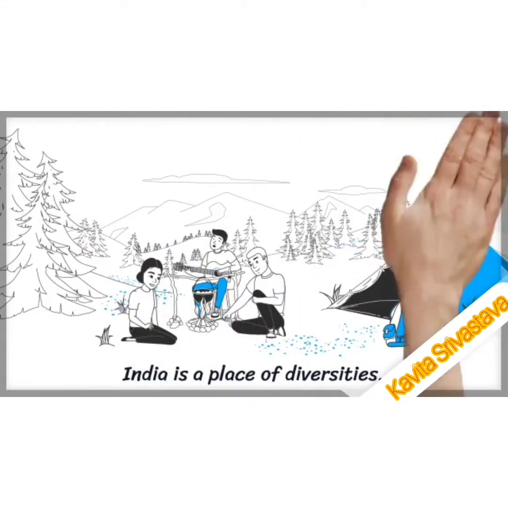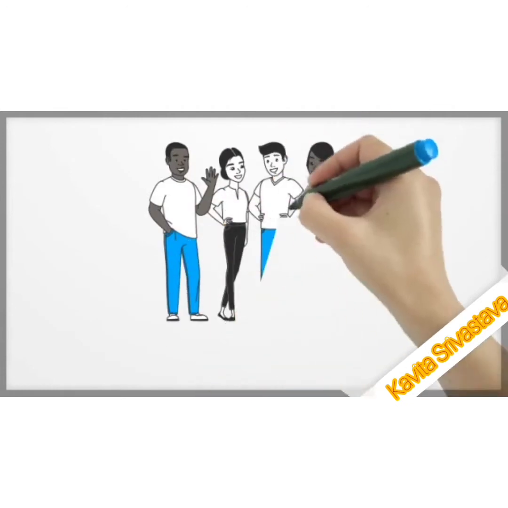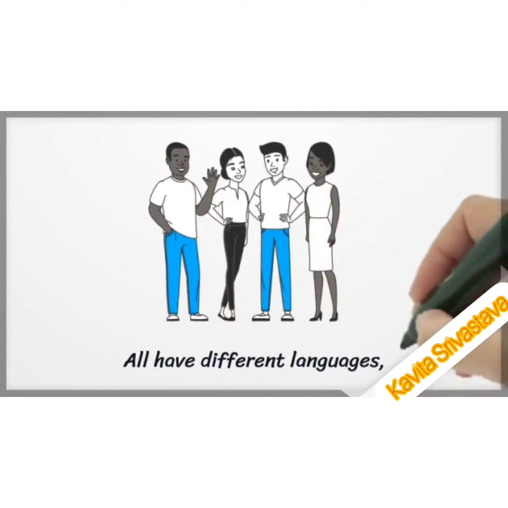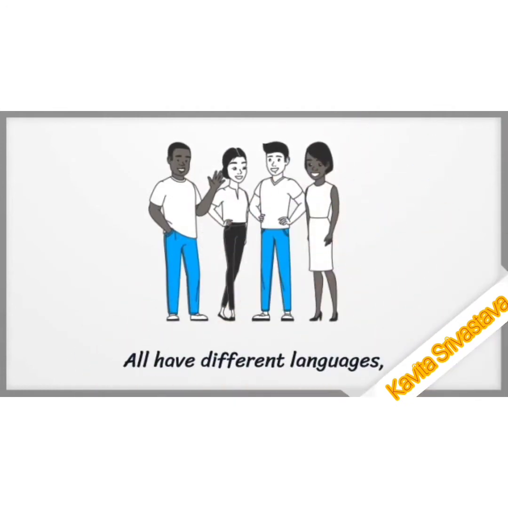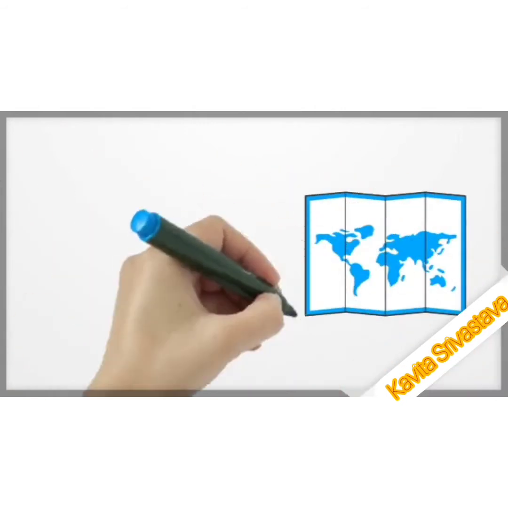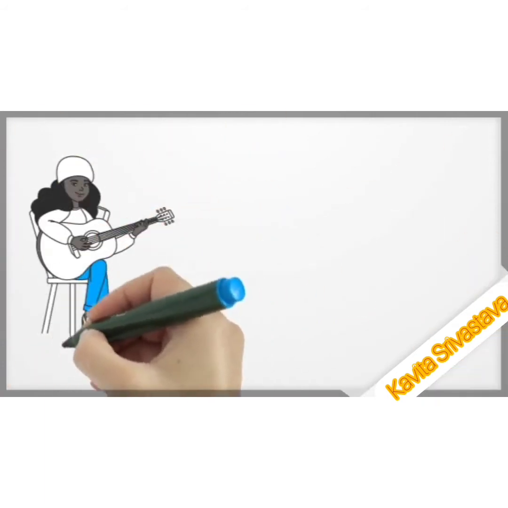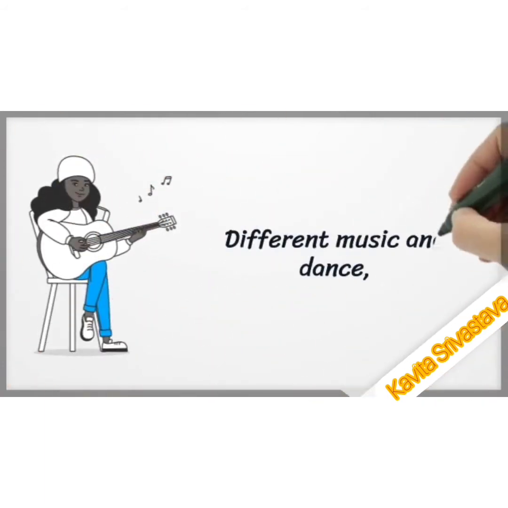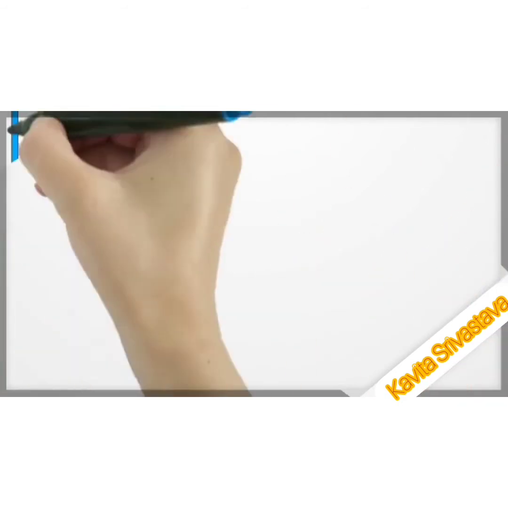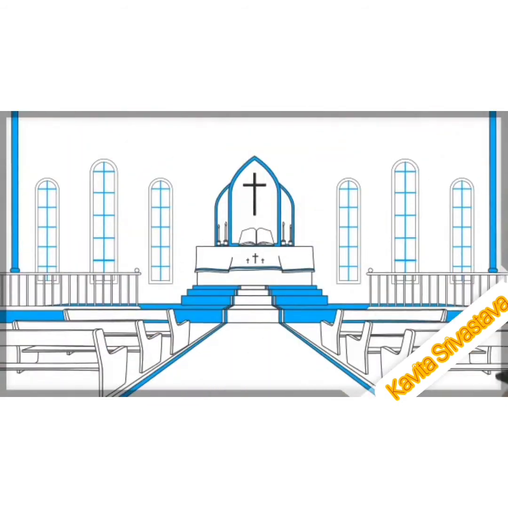We all know that India is a land of diversities. We all have different languages, different cultures, different music, different dance forms, paintings and religions. And these all have contributed to India's diverse culture.